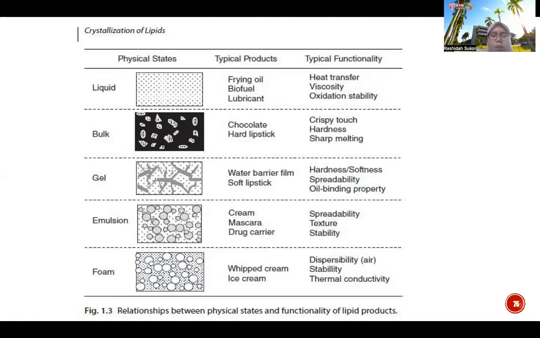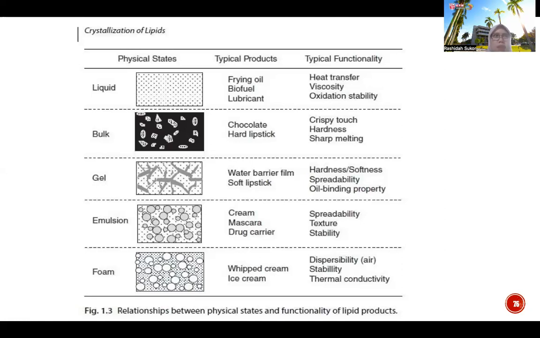So we use stabilizer, we can use emulsifier. Normally the manufacturer will write the name of the emulsifier, or sometimes they use the E number. When we do additives, we will see which E numbers represent emulsifiers.